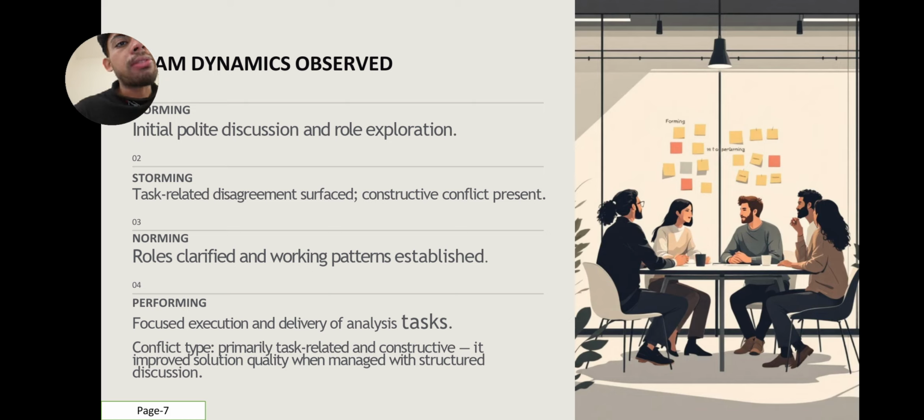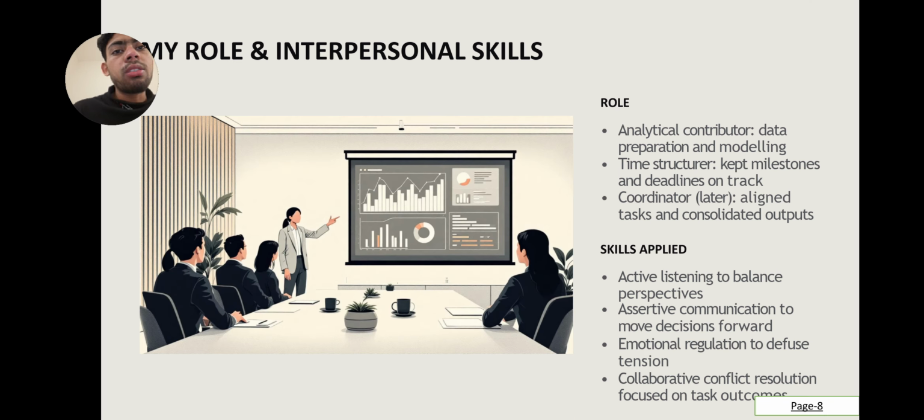Finally, we worked efficiently to complete the project. When I say we worked efficiently, not I, sorry. And importantly, conflicts were actually task focused, which improved the final outcome, which is great.